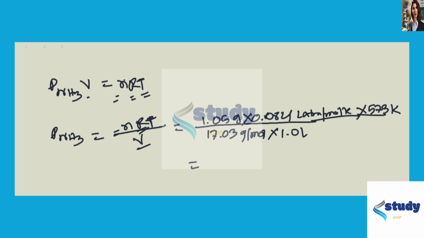If we solve this, we get a value of 2.90 atm. So this is the equilibrium partial pressure of ammonia.